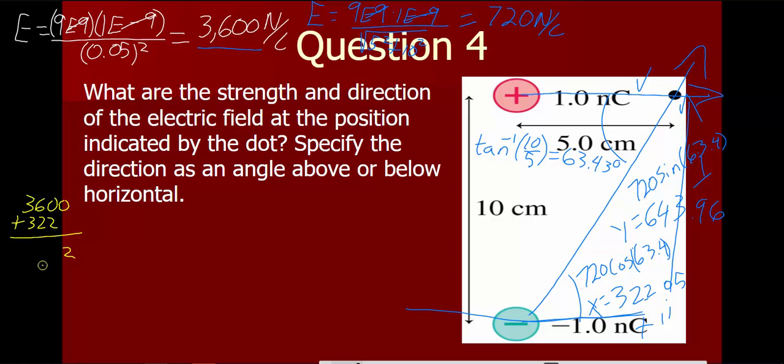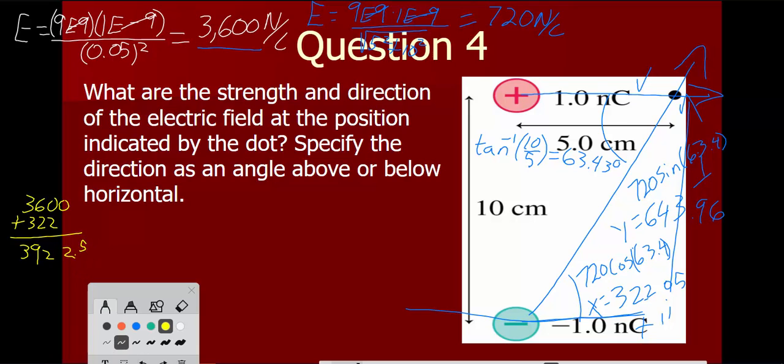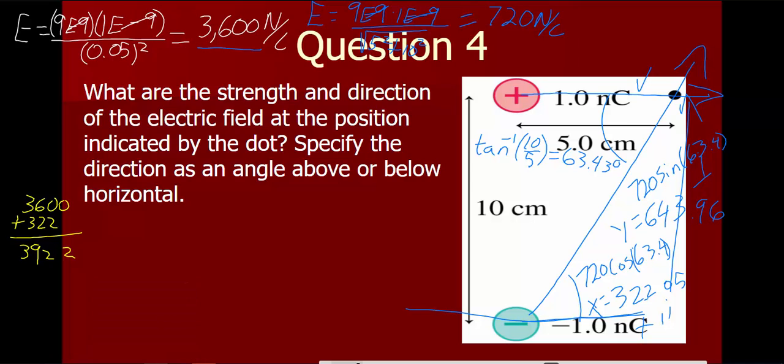What do you get? 3922.05 or something? Okay, so that's our x, right? Y is the 643.96.